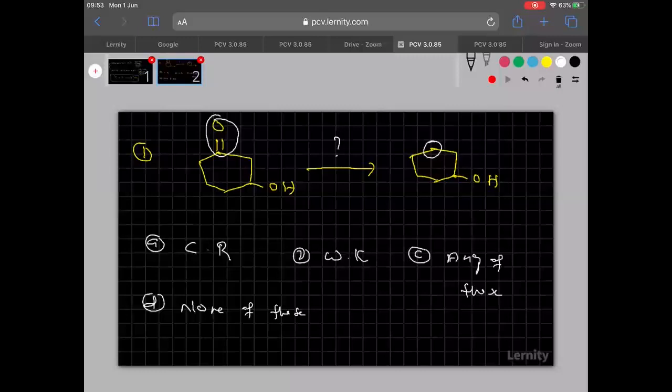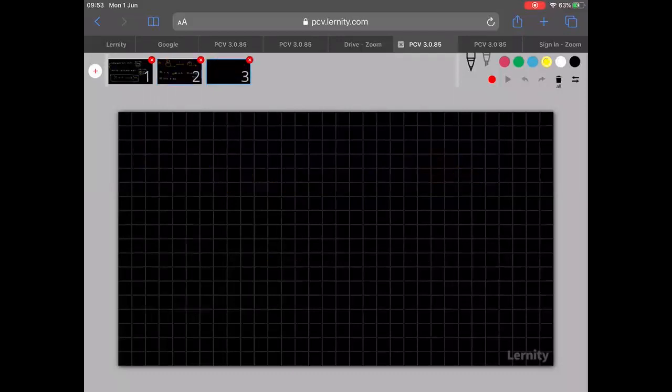Okay. So you know what the answer is? Many students may get confused here. The answer is Wolff-Kishner reduction. Why not Clemmensen? That I'm going to explain now. What happens if I use zinc amalgam in HCl?